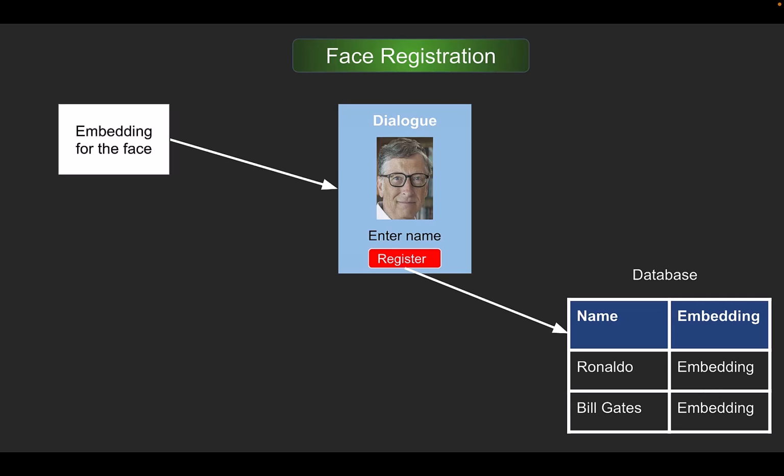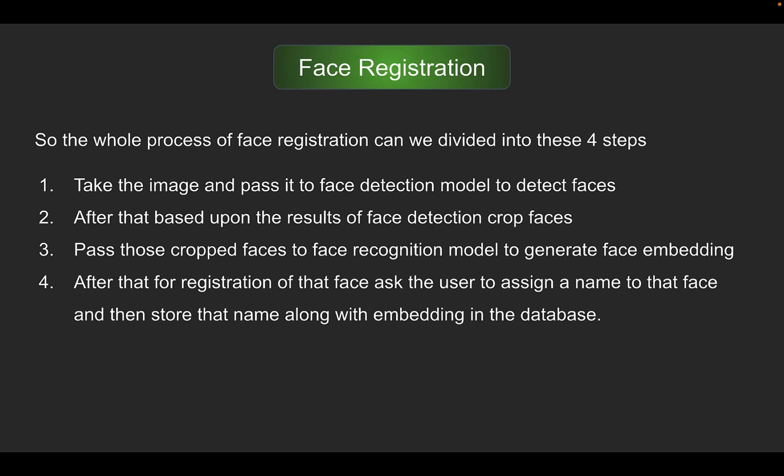So when we say that we have registered a face inside our facial recognition system or inside our mobile device, basically we are storing the face embedding returned by the model. The whole process of face registration can be divided into four main parts. The first part is taking the image and passing it to our face detection model to detect faces.